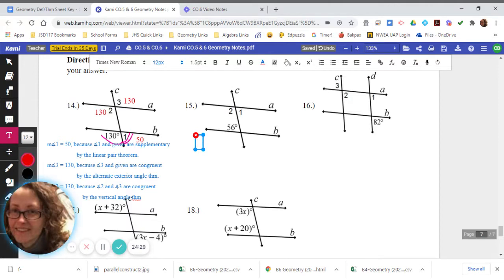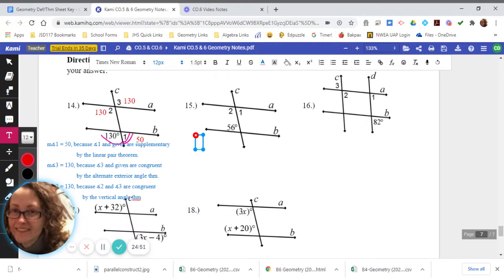So I want to do one of these angles first, and then I'm going to fill in the rest of my angles. So I'm going to do this direction first, the same side interior angles, because that will give me both my 56 and what my other angle is.